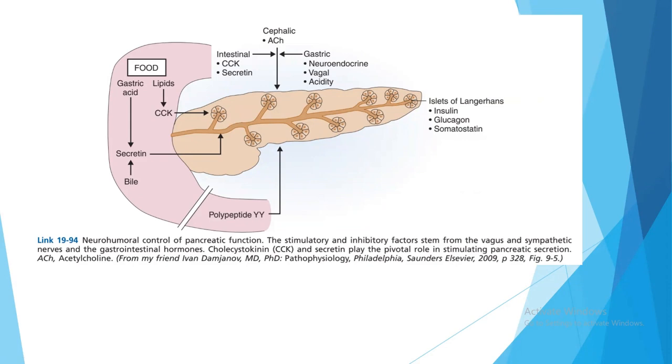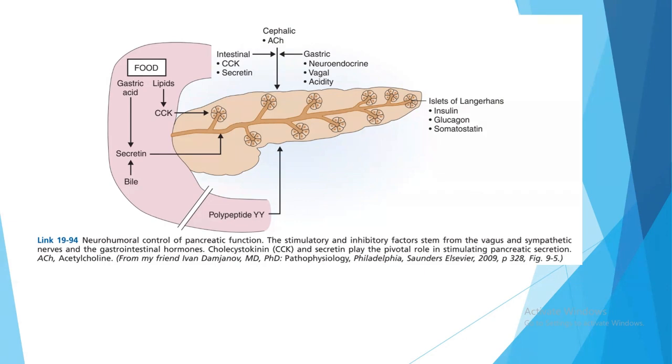Then the enzymes get transferred towards the main duct. Also, due to the cephalic action of acetylcholine, or the action of the gastric and intestinal modulators, there is an increase in the secretion.